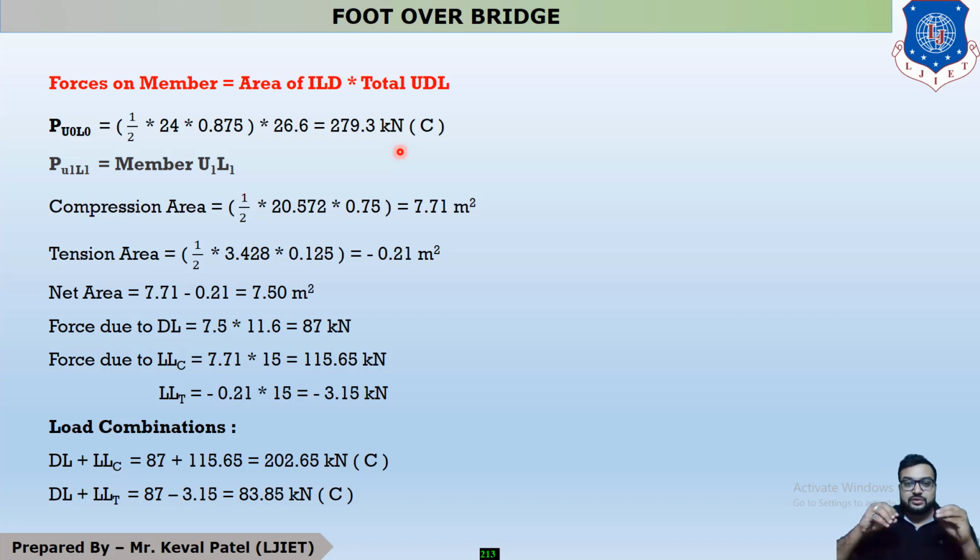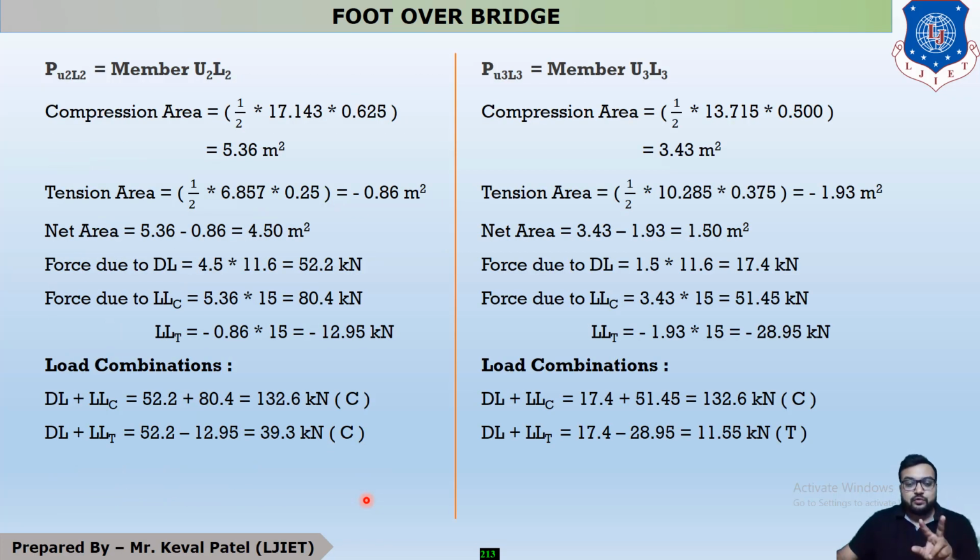So our net force is less than our maximum force. So for the second member there are two forces. The first force is 202.65, which is in compression, and our second force, which is the minimum force, is 83.85. Okay, for the third member, U2L2, there are another two forces.